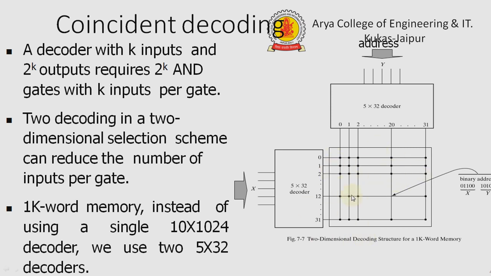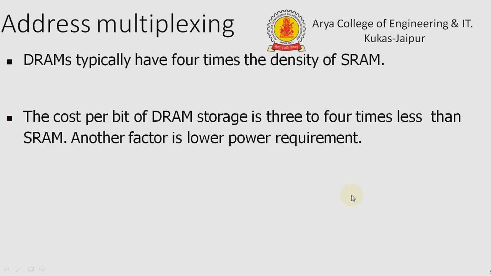DRAM typically has 4 times the density of SRAM, and the cost per bit of DRAM storage is 3 to 4 times less than SRAM. Another factor is lower power requirement.